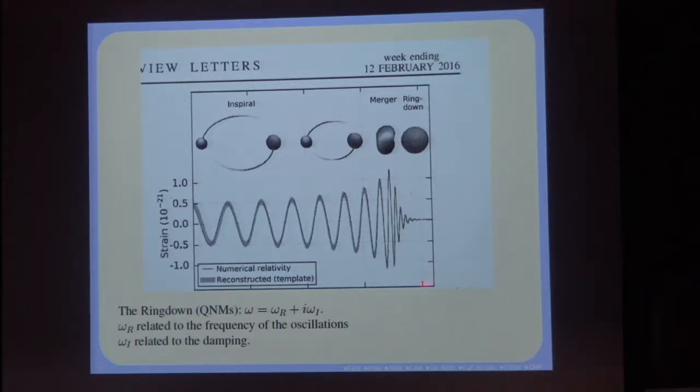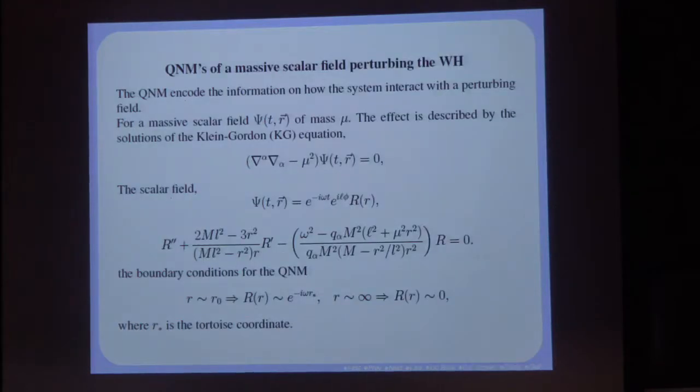As you know, this kind of diagram was important to the recent detection of gravitational waves. So in our case, we are going to ask a massive scalar field to interact in the wormhole background. The equation for the scalar field is the Klein-Gordon equation in the fixed space-time curved by the presence of the wormhole.